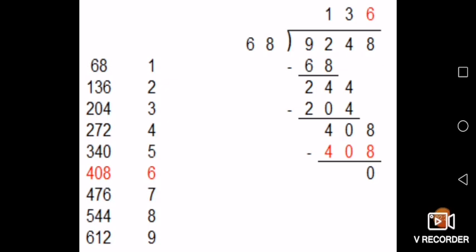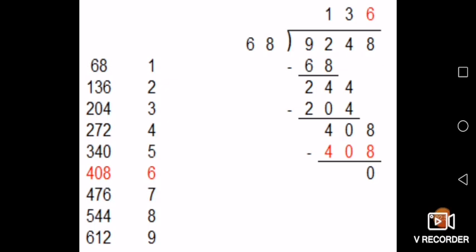Here also you can see the table of 68 is written: 68 ones are 68, 2s are 136, 3 times 204, 4 times 272, 5 times 340, 6 times 408, 7 times 476, 8 times 544, and 9 times 612.